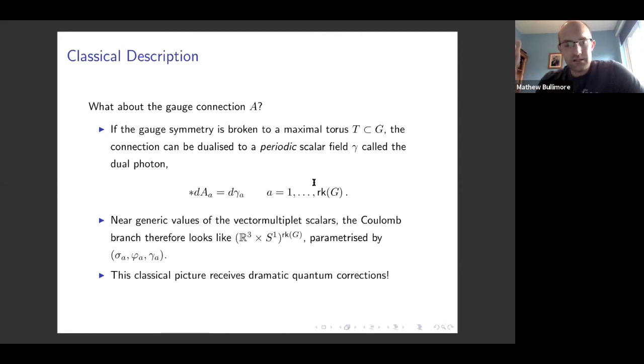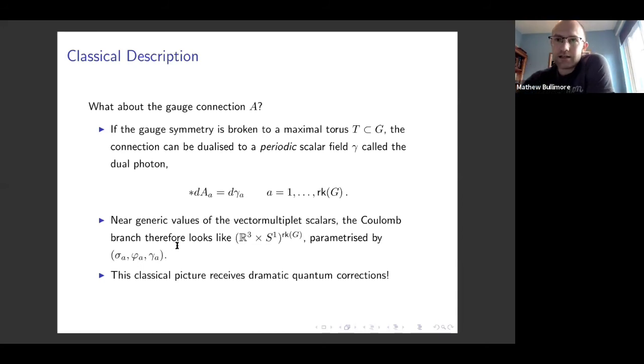So what that suggests is that near generic values of sigma and phi, where this is true, the Coulomb branch is going to look roughly like R3 times S1 for every generator of the Cartan subalgebra. So R3 times S1 to the rank of the gauge group, which is just parameterized by all of these scalar fields.